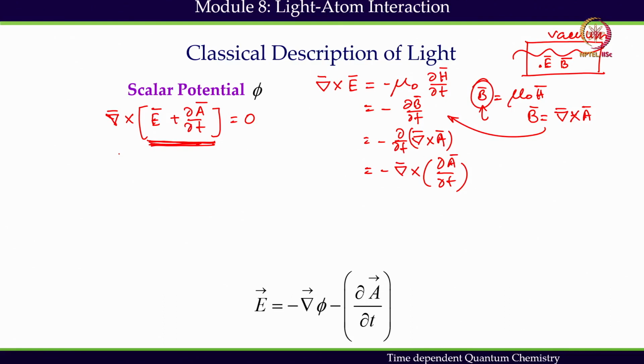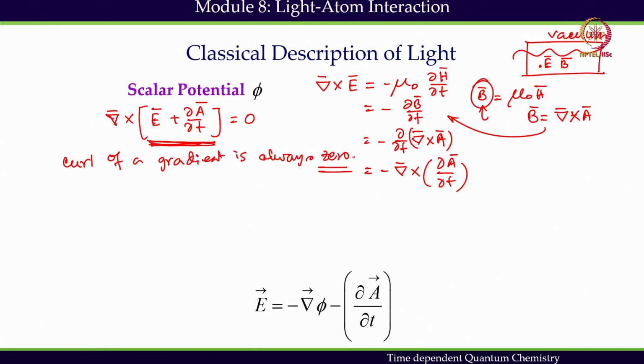And the moment the curl of an entire vectorial quantity is 0, it means that this curl of a gradient is always 0.